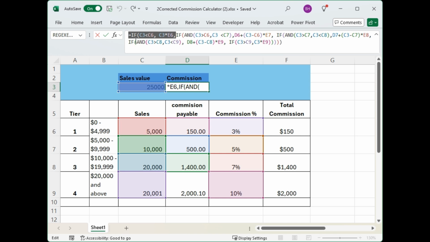So if C3, which is our sales figure, is less than C6, which is this, then we're going to multiply C3 times E6, which is our 3%. Okay, so if that one isn't true, then we're going to do the next part here.